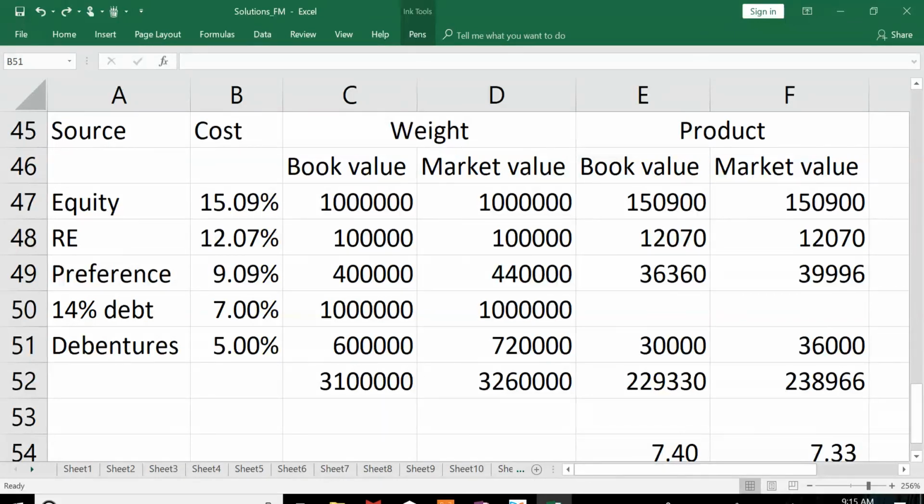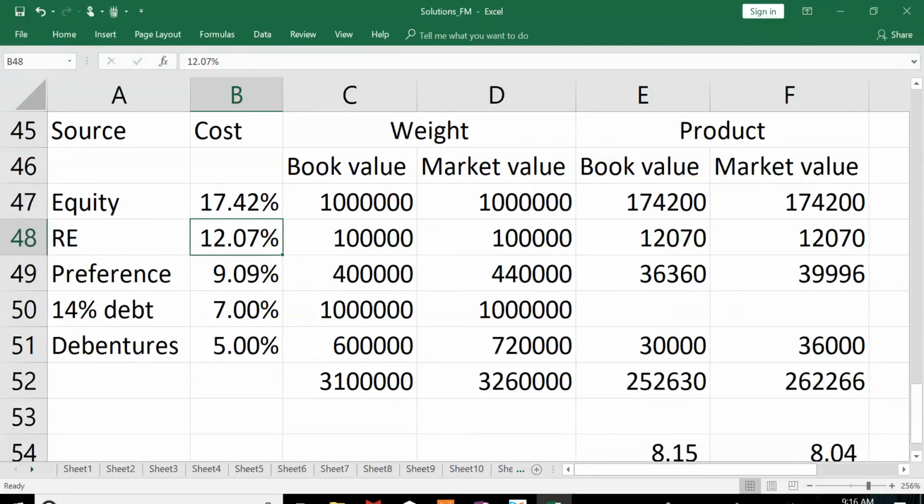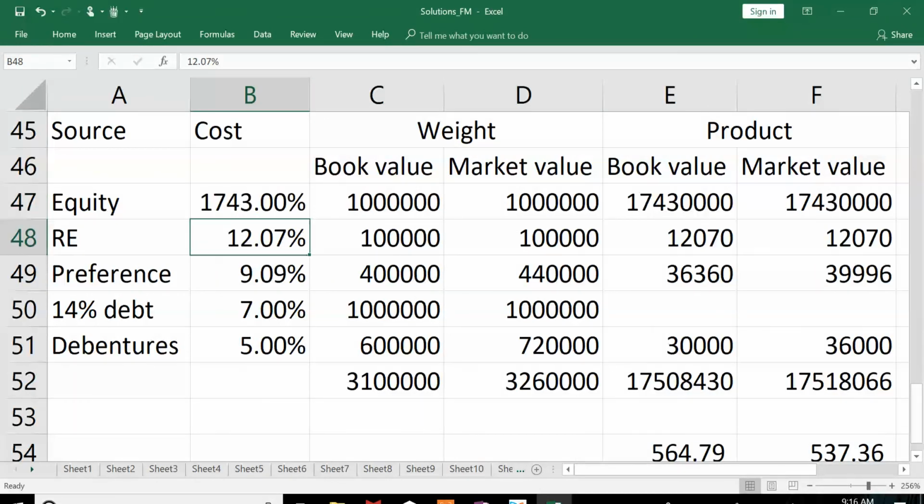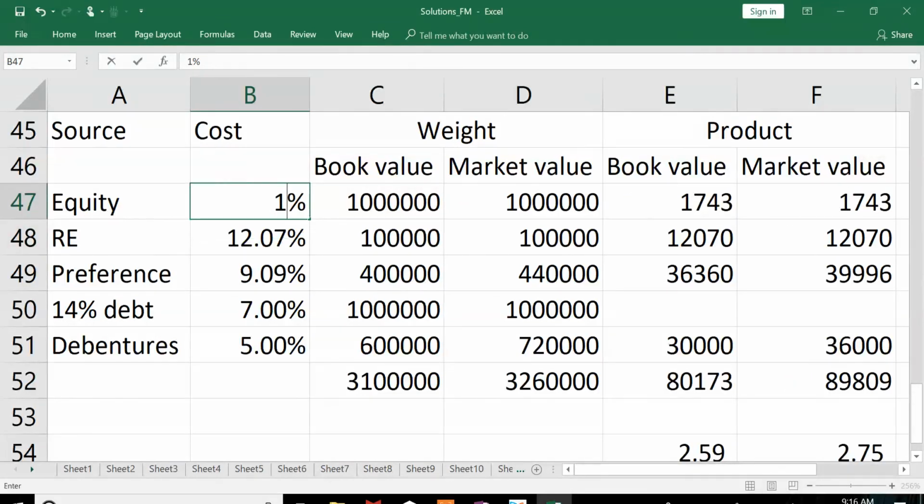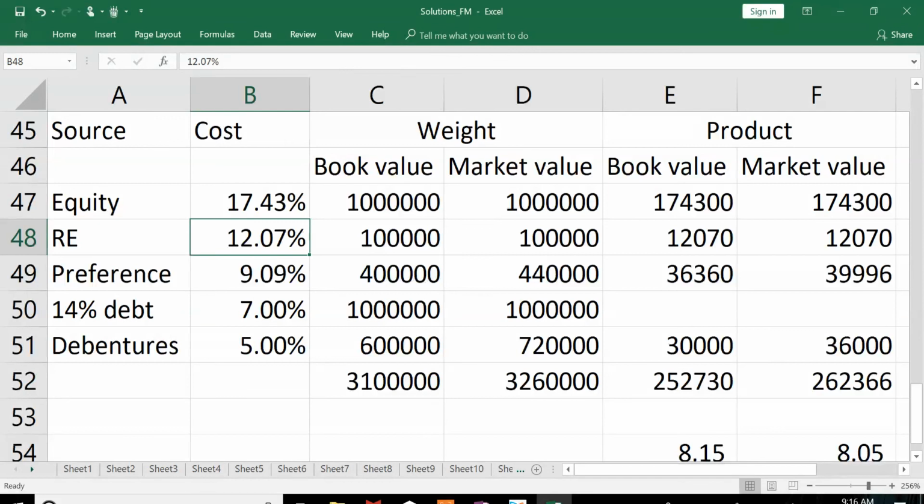It is what by what? 12 by 105 plus 6%. How much? 17.42%. Okay, sorry, 17.43%.